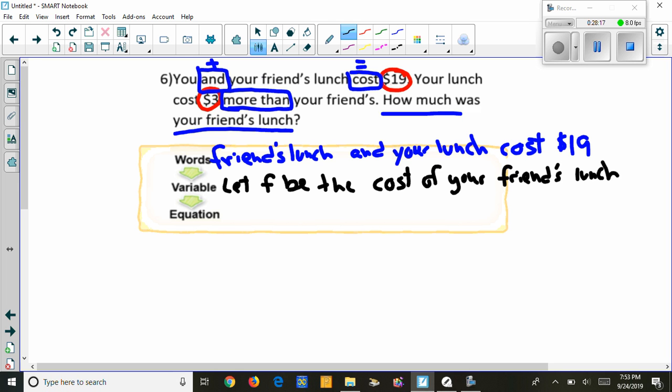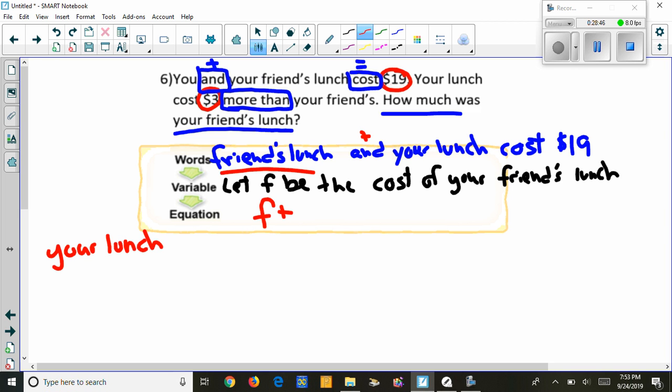And now we can piece this together. If F is the cost of your friend's lunch, this first part that says your friends will just be F. We next have our and, so plus. And when we talk about your lunch is stated to be 3 more than your friends.